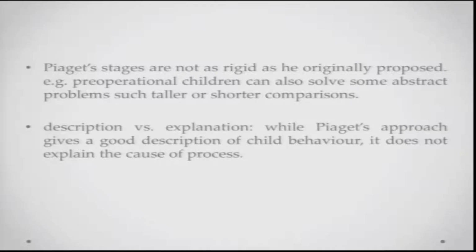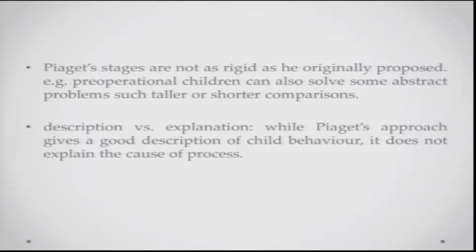So that is one. Also, if you look at Piaget's developmental stages, development does not really happen in such rigid ways, so these stages are not found to be as rigid as he had originally proposed them.